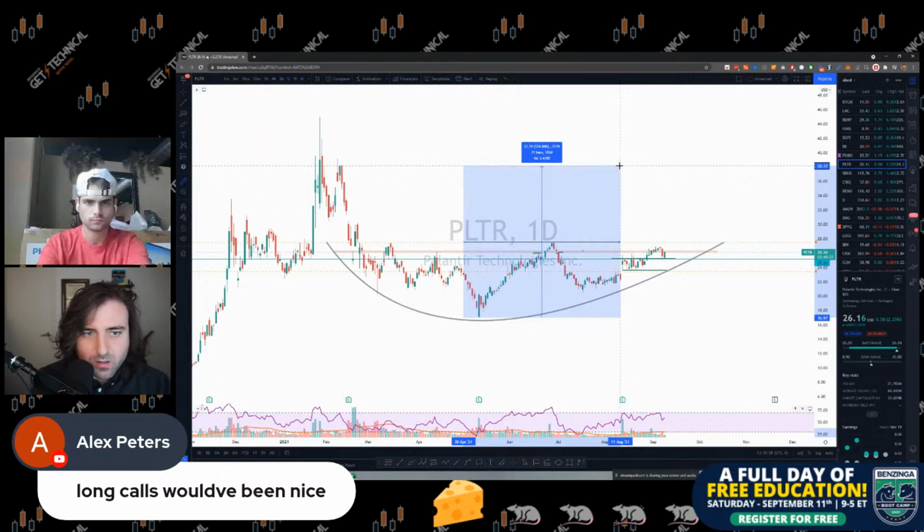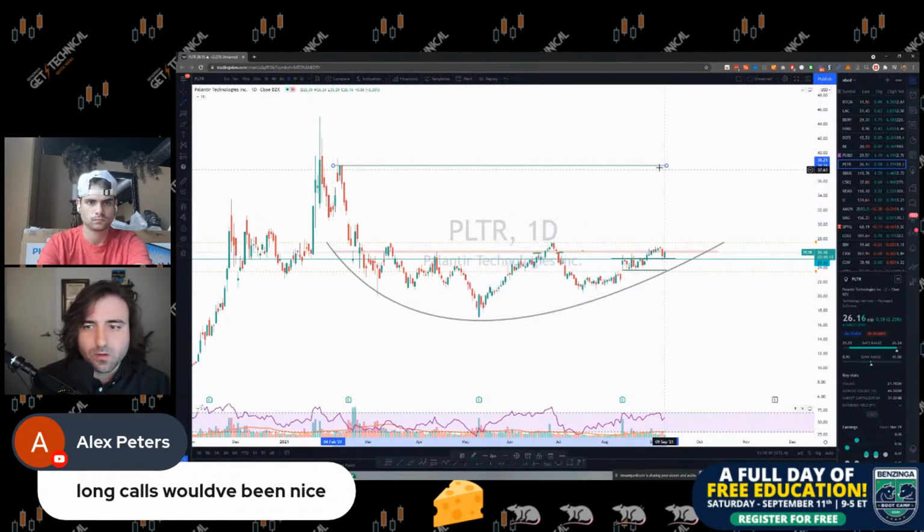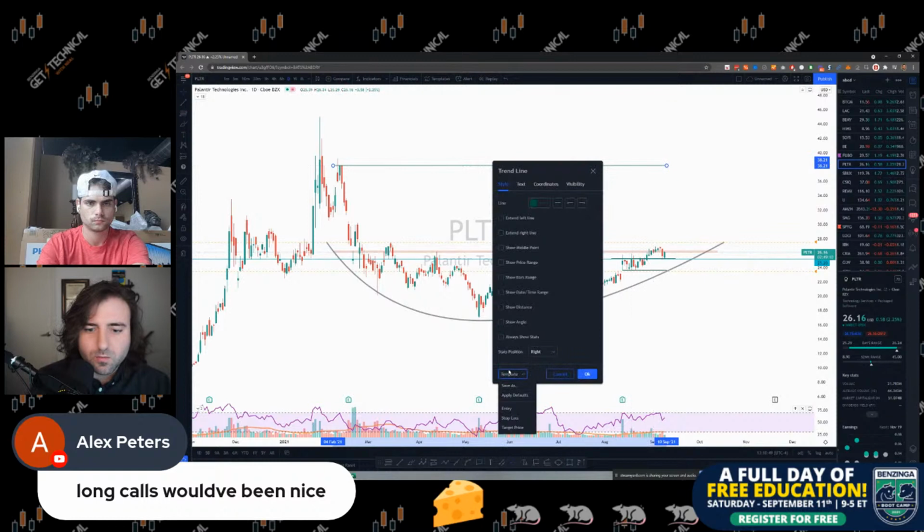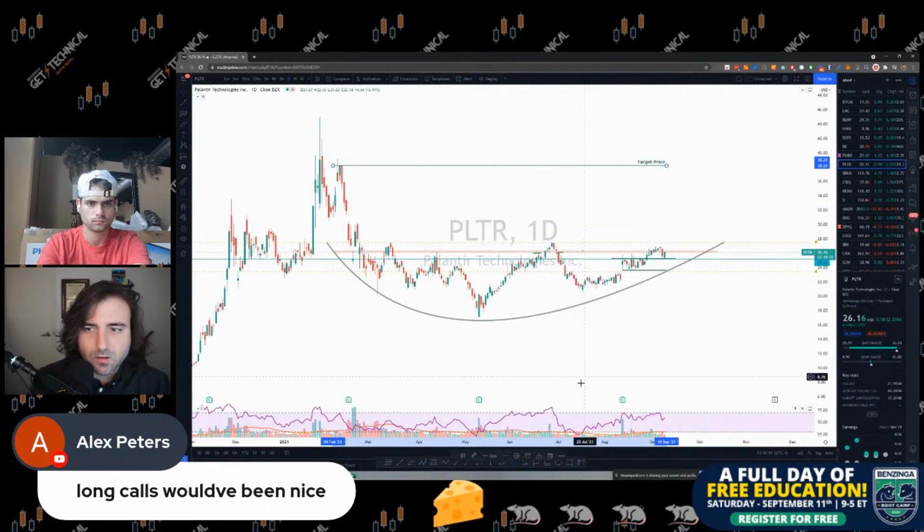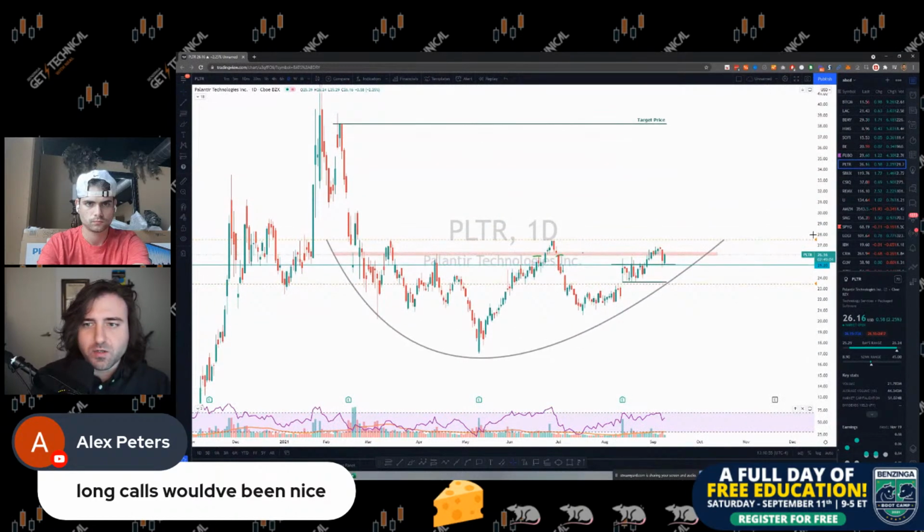You can be as fancy as you want, which gets us to this level right here, which I don't have set up as my price target, so I'll go. Template. That's our target price right there for Palantir, based on resolution.